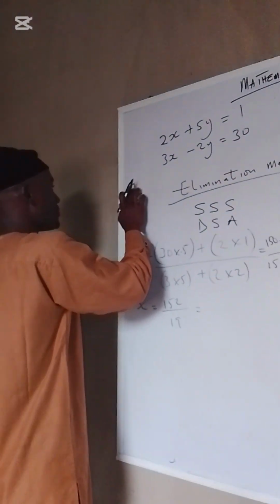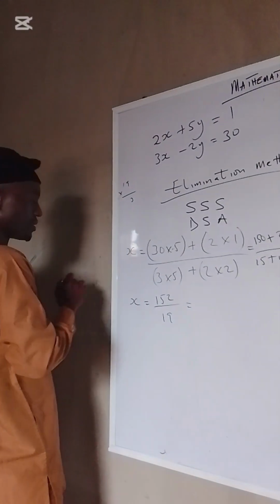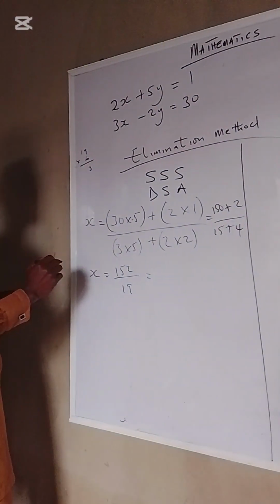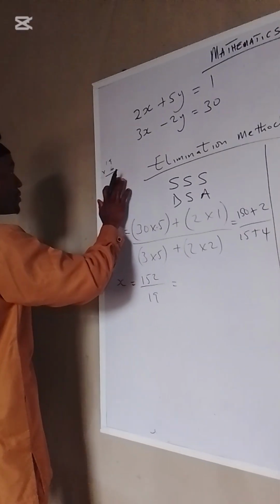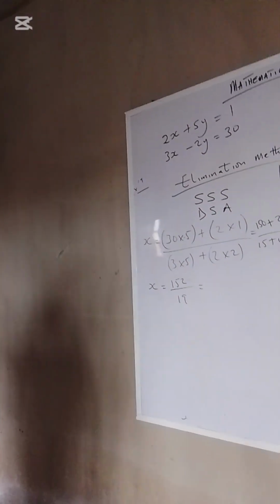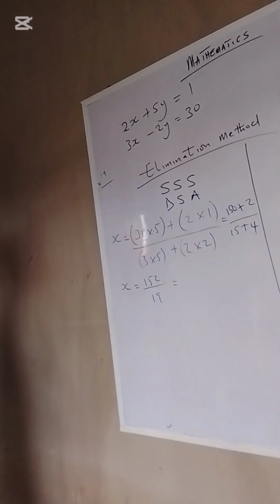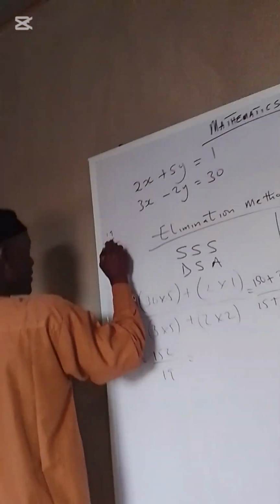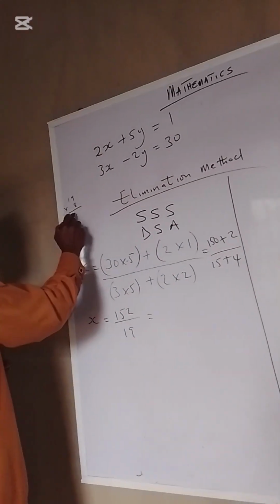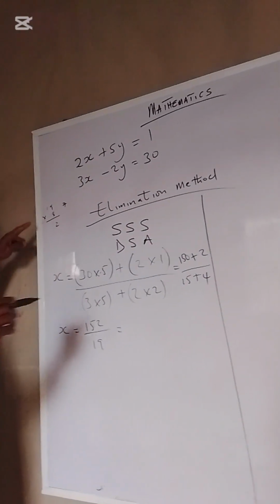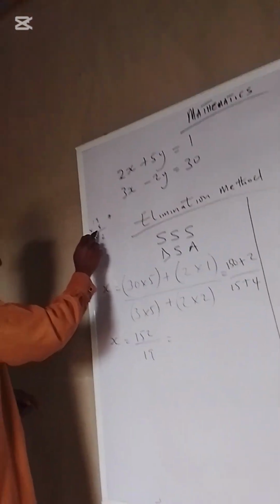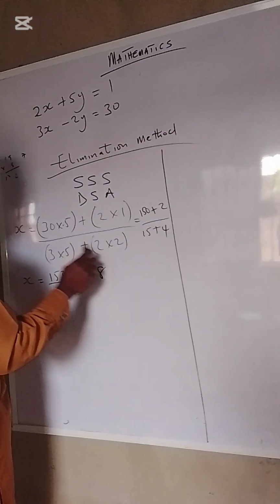Let's try 6. 6 times 4, no. Let's try 8. 8 times 9, that's 72. Then 8 times 1, 8, plus 7, that's 152. So that means our x is equals to 8.